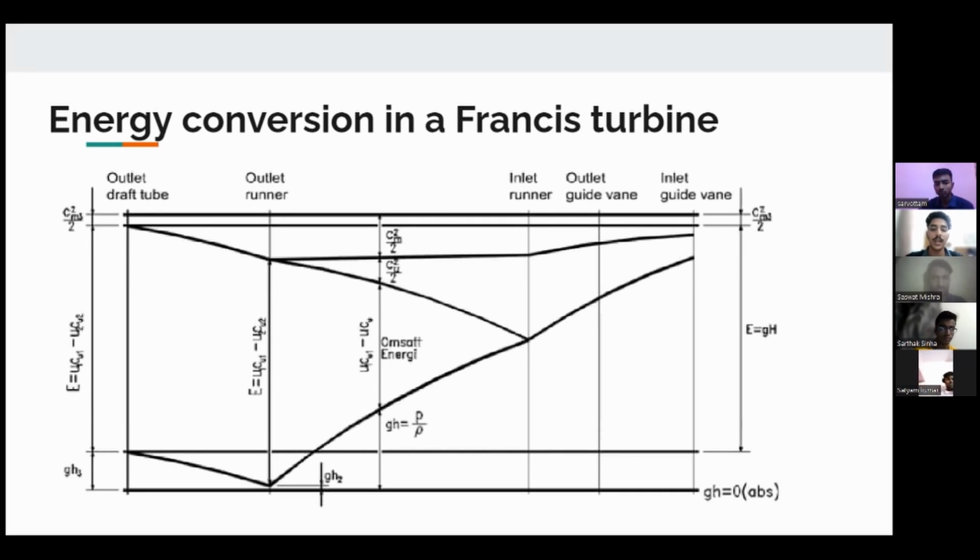On the RHS of the diagram, before reaching the inlet of the GV, 95% of the energy is pressure, with increasing kinetic energy towards the GV inlet where swirl flow is dominating.